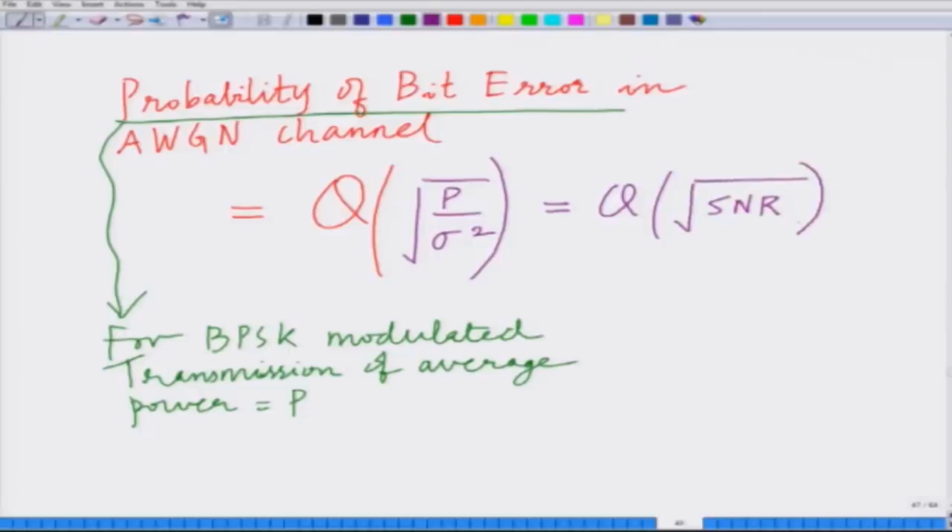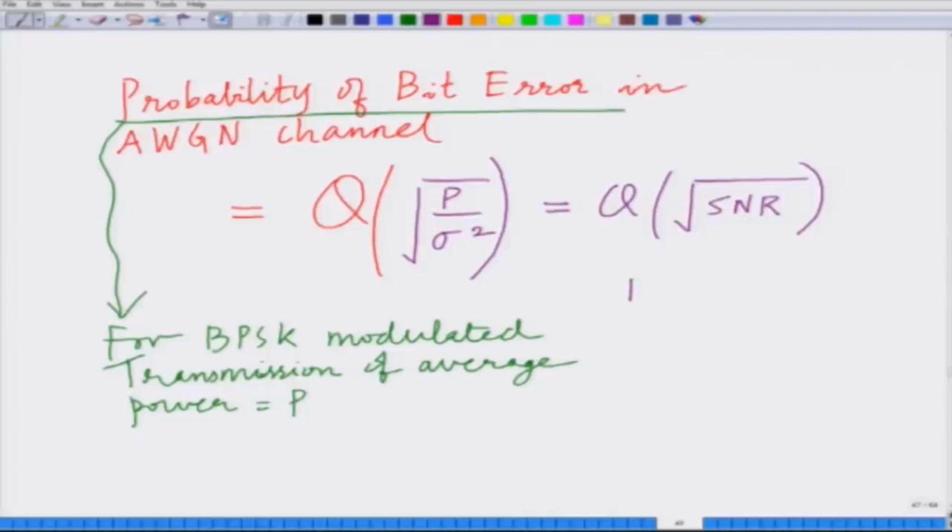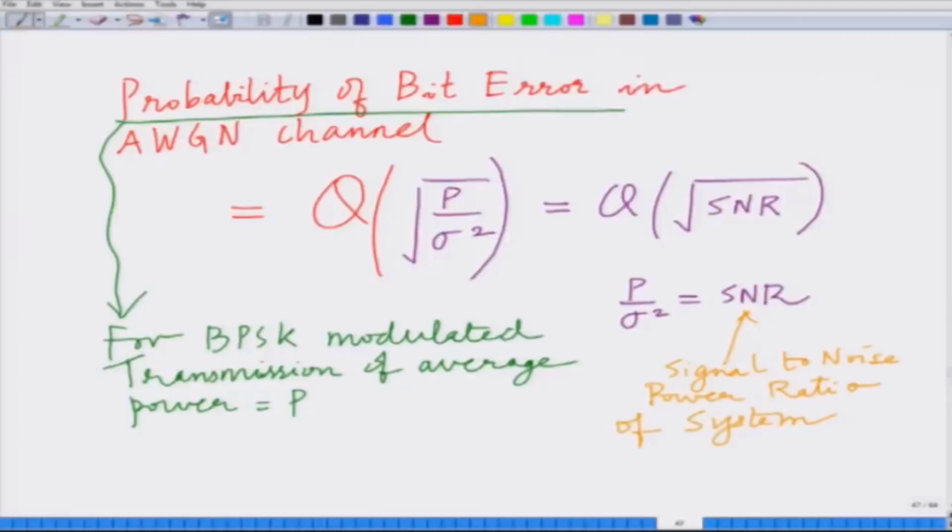Further, you can see, since P is the transmitted power, sigma square is the noise power, P by sigma square is the SNR or signal to noise power ratio of the communication system. So, we can say P by sigma square equals SNR, where SNR denotes signal to noise power ratio of the communication system.